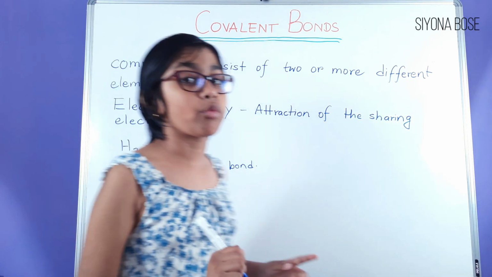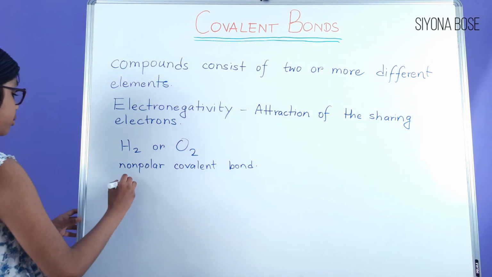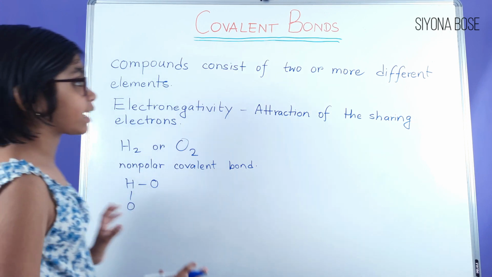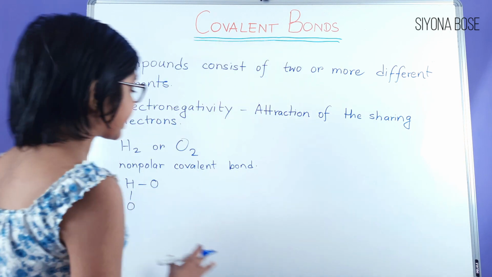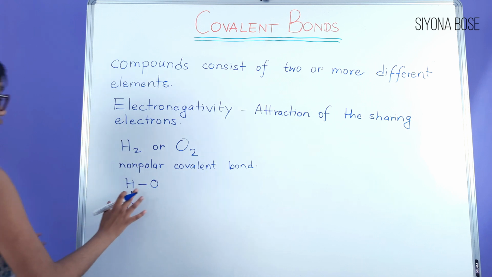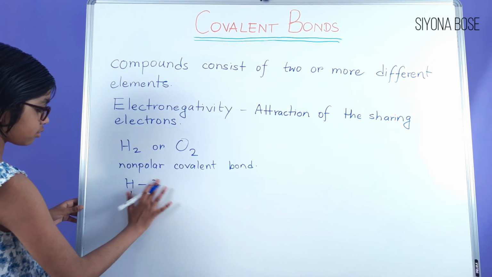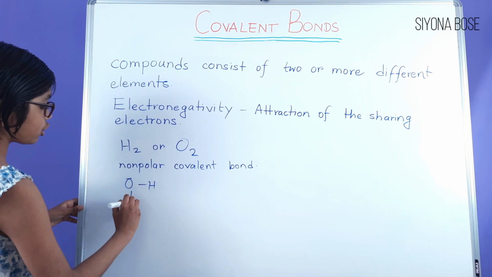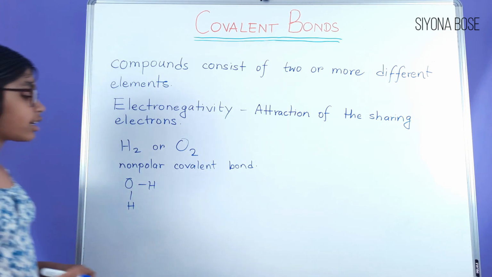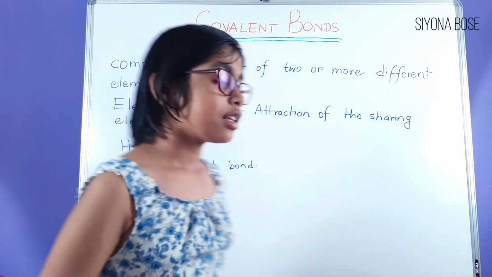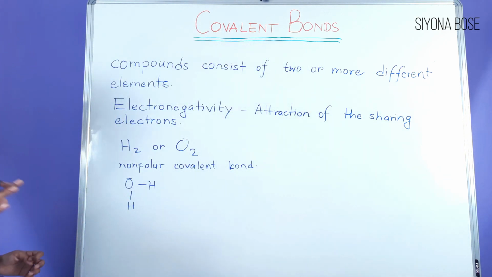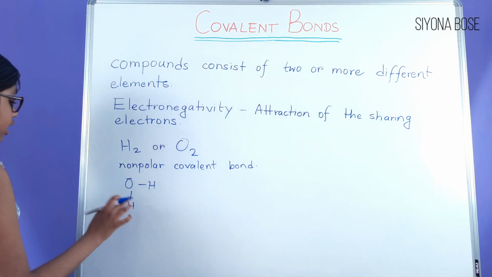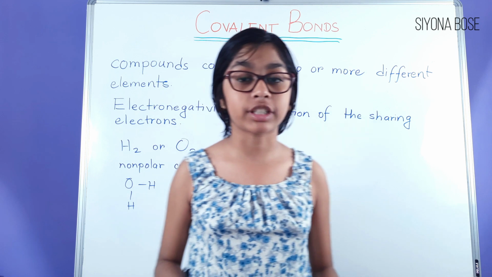But in the case of water, H2O, let's say I'm drawing like how I represented that diagram in the previous screen, the circle. Wait, this is a mistake. Sorry. The O should be there in the center, and here the H. Oxygen is one of the most electronegative elements, and H is nothing compared to oxygen in electronegativity.